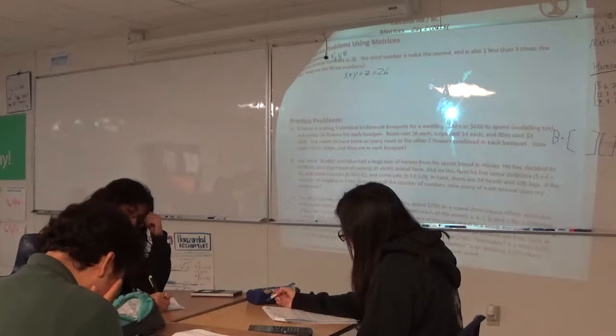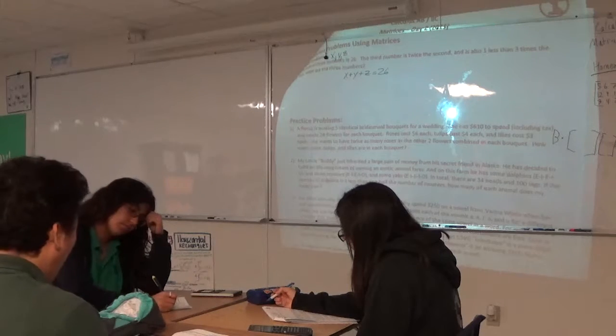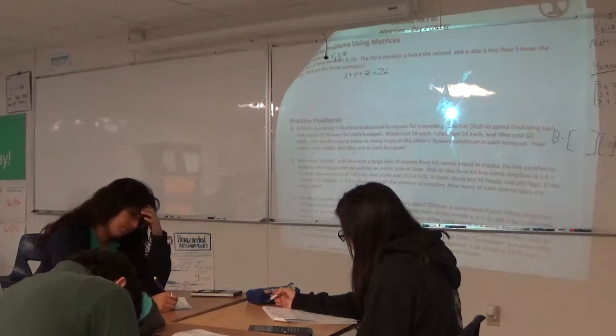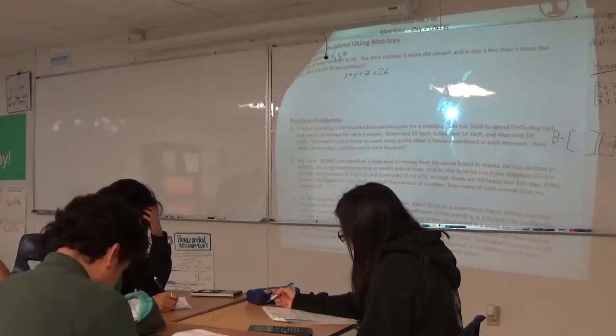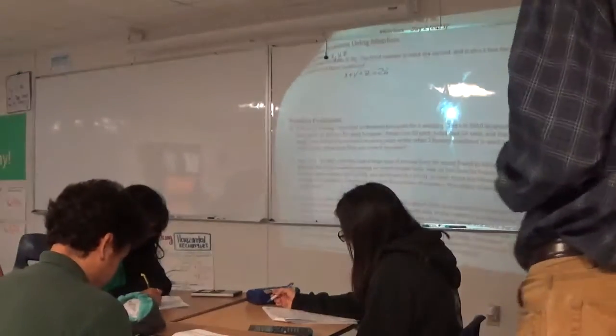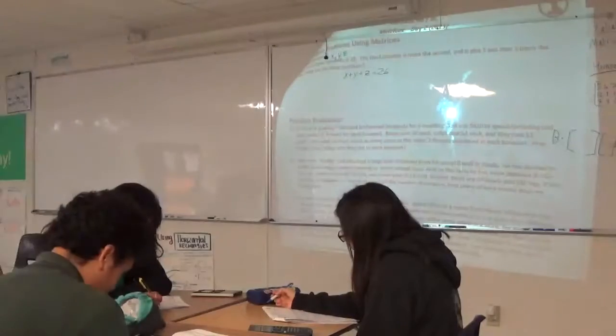I think one would be the third number is twice the second. And then the other one is 1 less than 3 times the first. But Nelson, keep it as variables.